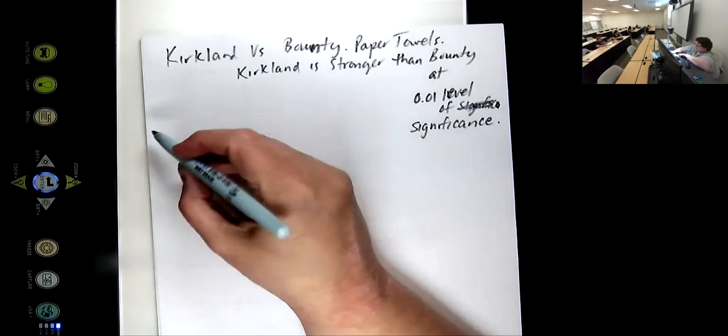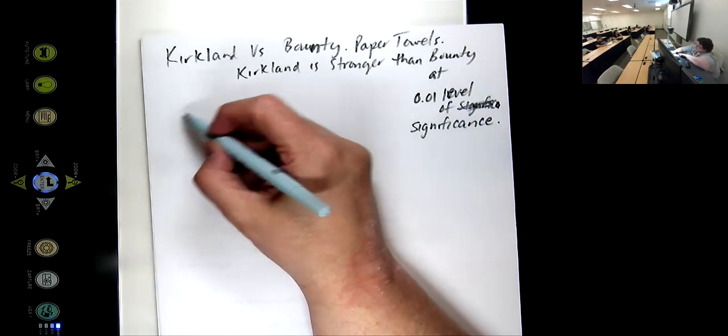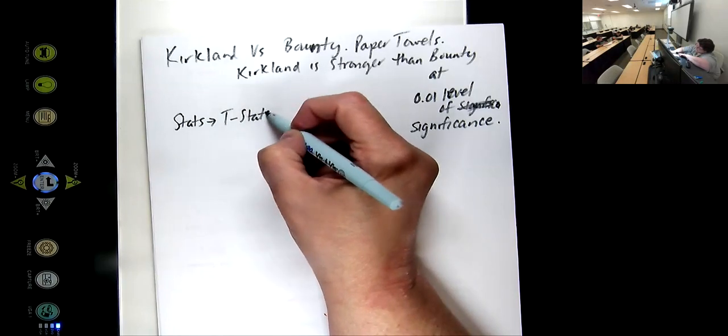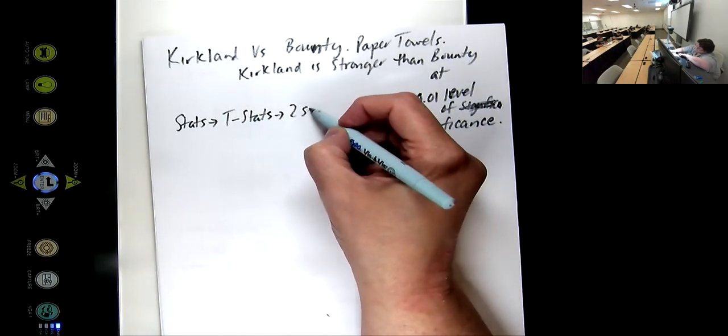So they have a data set. We're going to use Stats, T-Stats, two sample with data.